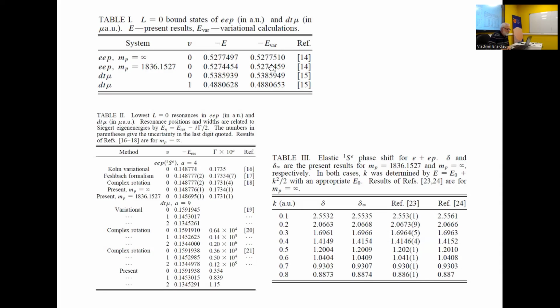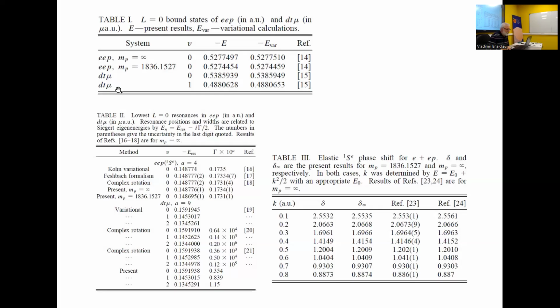These results were obtained by the best available variational calculations. Variational calculations usually give very good energy of bound states. And these results are obtained by this Siegert pseudo-state calculation, so they are very close. Now, the same approach is applied to dt mu. Dt mu is an exotic three-body Coulomb system, which is very important for muonic catalysis.